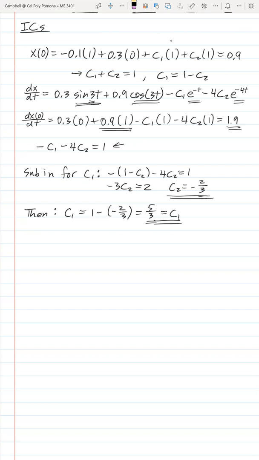And so then we get that x is equal to negative 0.1 times cosine 3t plus 0.3 times sine of 3t plus 5/3 times e to the negative t minus 2/3 times, there I said sine, my apologies, e to the negative 4t. And there we go.